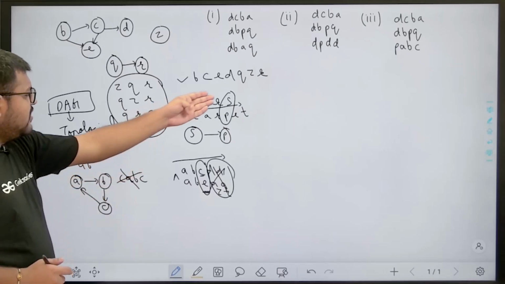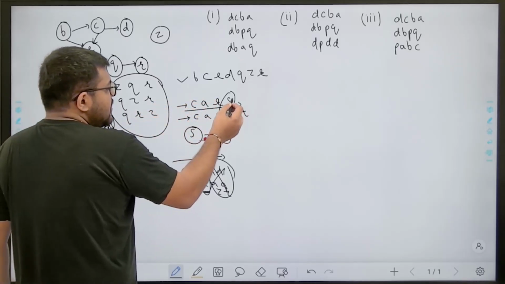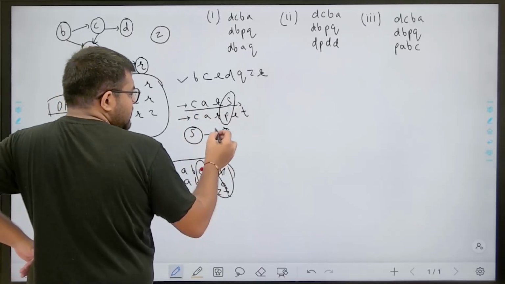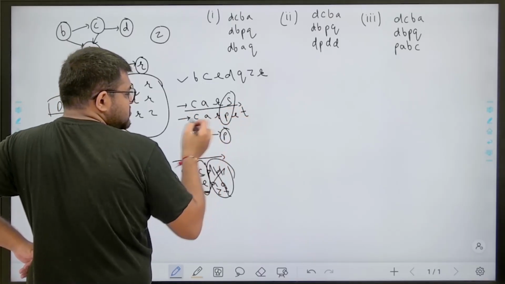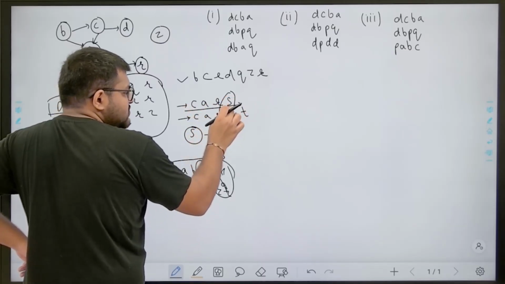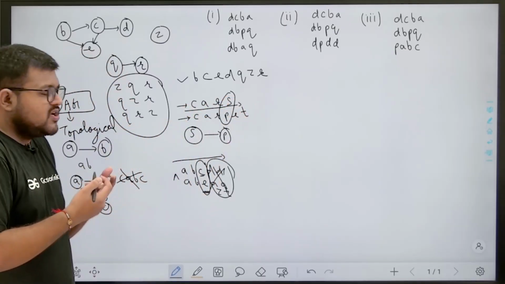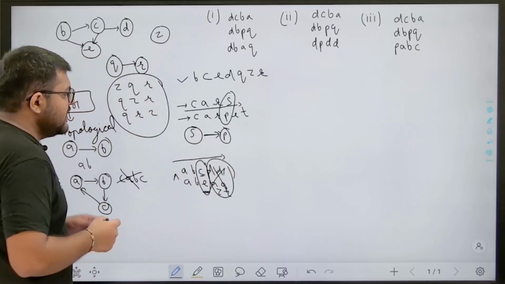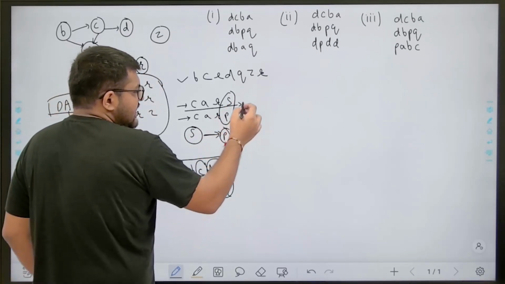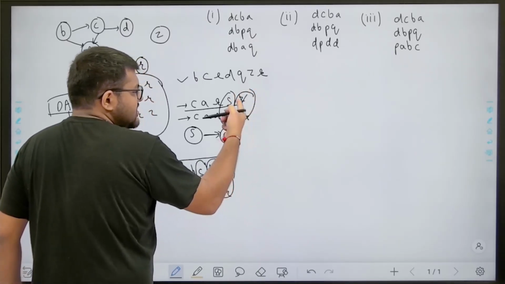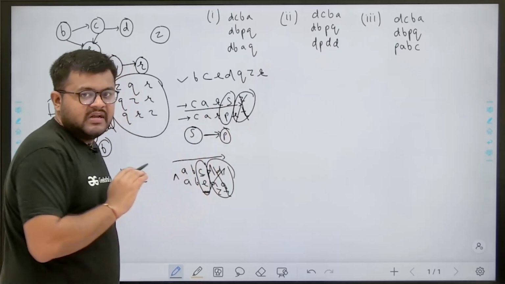Now suppose this is given before this in our dictionary, in the question. We start moving from left to right and we see that S comes before P. Since this word is before this in the dictionary, S must come before P in the alien dictionary. So I'll mark a directed edge from S to P. Now I cannot judge the further characters. Suppose there is Z here, I cannot judge any relation between Z and E or Z and T. Why?